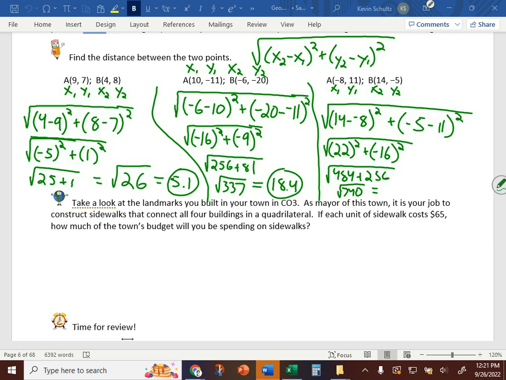So if you do everything right, you should get the square root of 740, which is approximately 27.2. If you didn't get that, go back, check your numbers that you're squaring. Start there. It's easy to make a sign mistake if you're working too quickly.